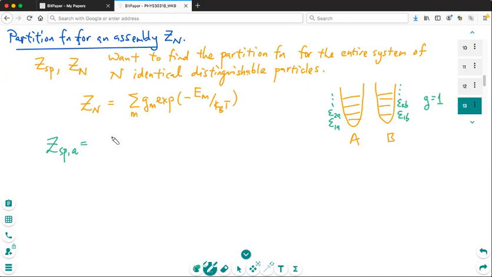Now this is just a bunch of exponential factors. And I'm going to go back to this symbol beta. I need to write a lot today. So this is epsilon 1A.